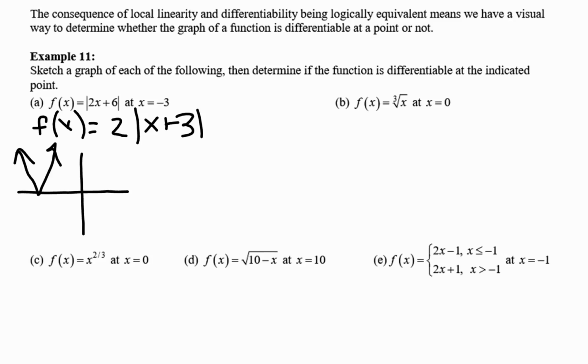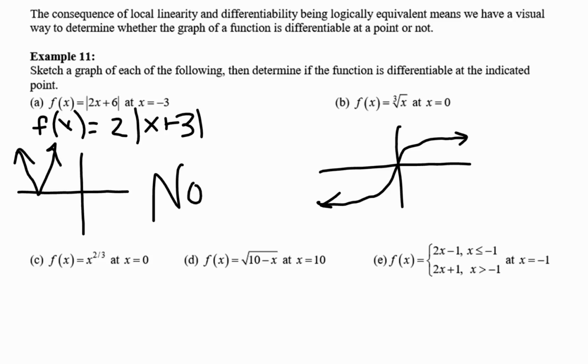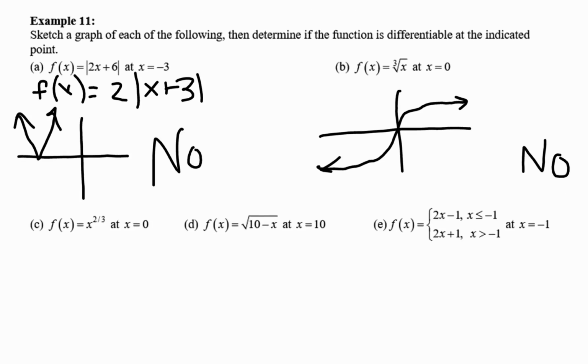So at x equals 3, is it differentiable? No. Okay, the cube root of x. This has a graph like this. This one's also no. We'll discuss why in a second.